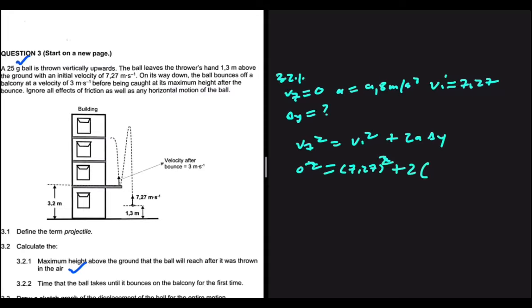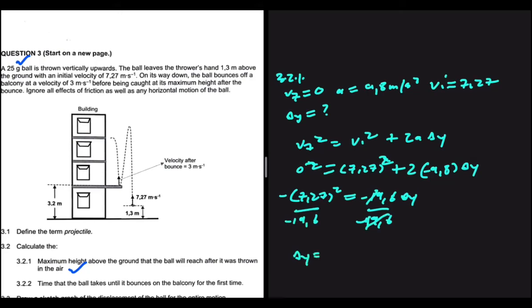If we're taking up as positive, then our acceleration will be minus 9.8 multiplied by delta y, what we are interested in. So we're going to have minus 7.27 squared being equal to minus 19.6 delta y. We just need to divide both sides by minus 19.6. If we go ahead and do that, we're going to have delta y being equal to 2.7 meters.